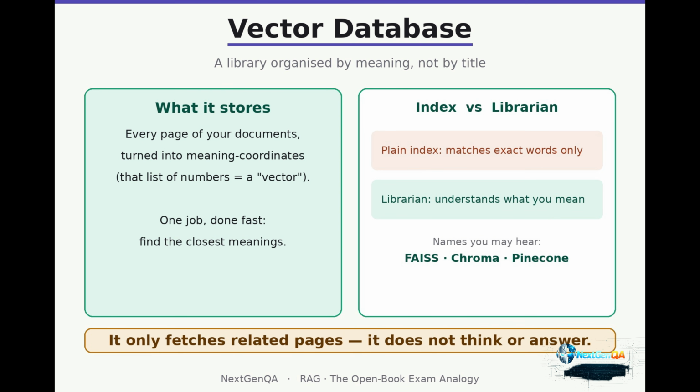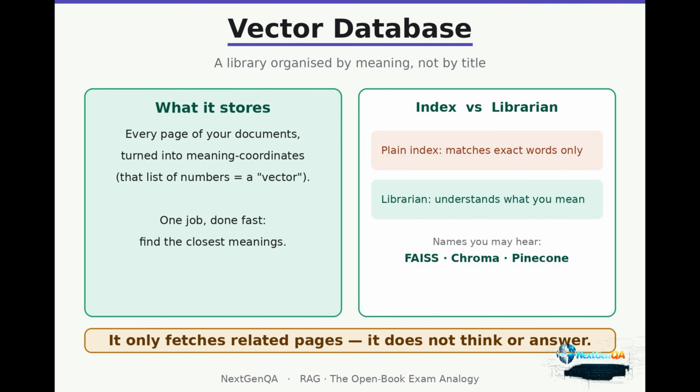Think of it as the difference between a plain index and a brilliant librarian. The plain index only matches exact words. The brilliant librarian understands what you mean and walks you straight to the right shelf.